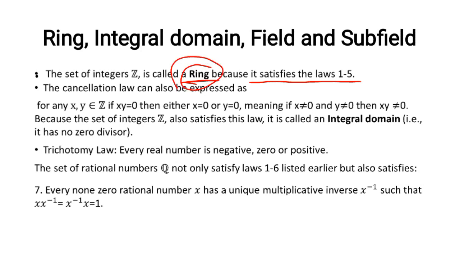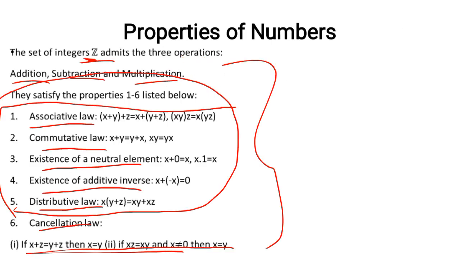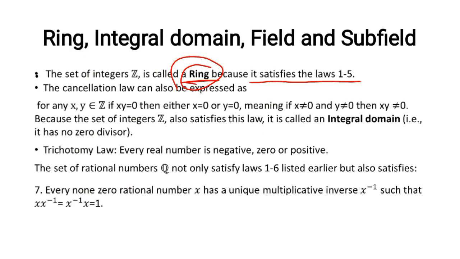That's the name. So if I say the integers form a ring, you just say it satisfies the 5 identities we listed earlier: the associative law, commutative law, existence of a neutral element, existence of an additive inverse, and the distributive law.